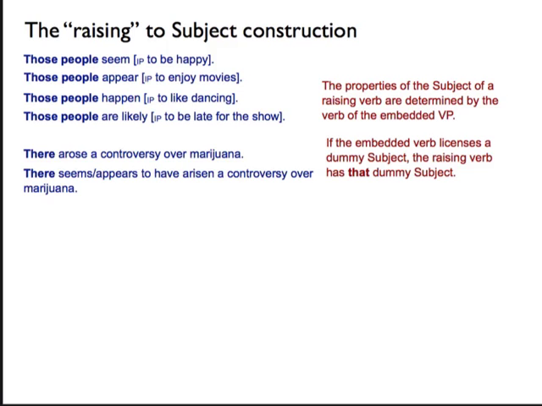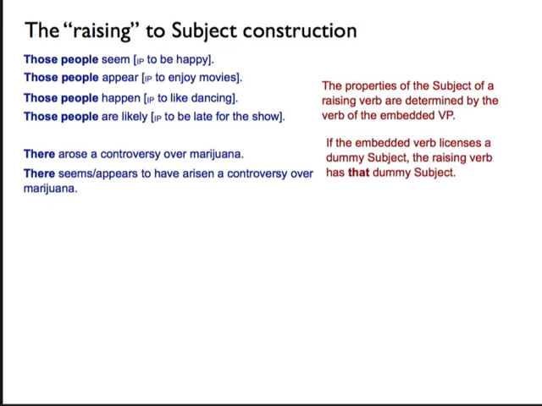Now notice that seems or appears in and of themselves don't license a there independently of this, right? This is the key thing, right? The there can only show up as a subject of seems or appears or are likely or whatever, right?